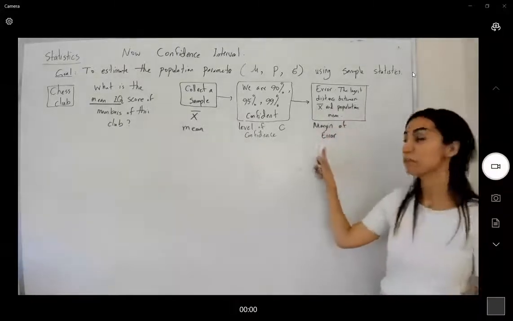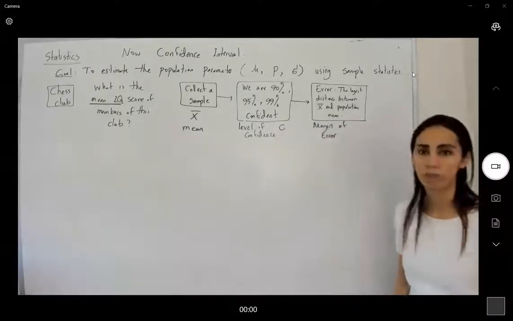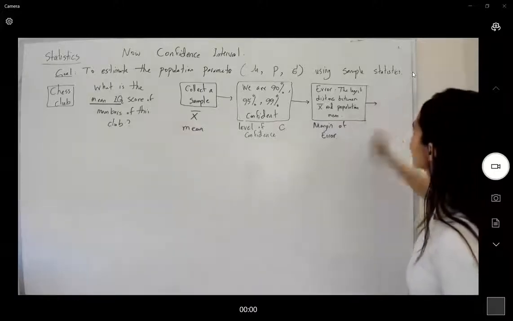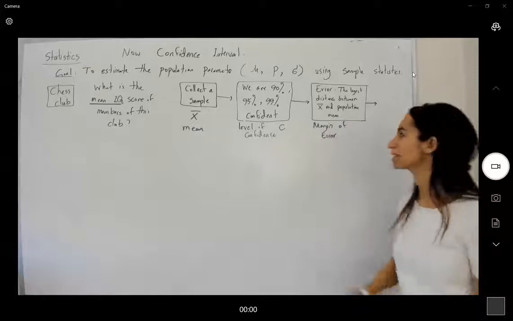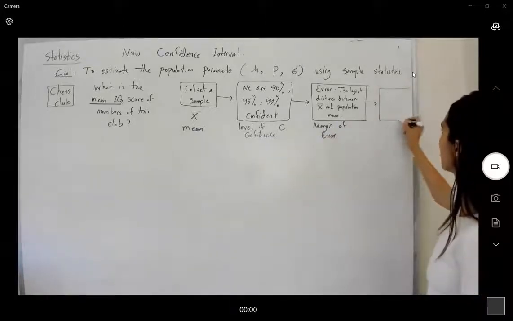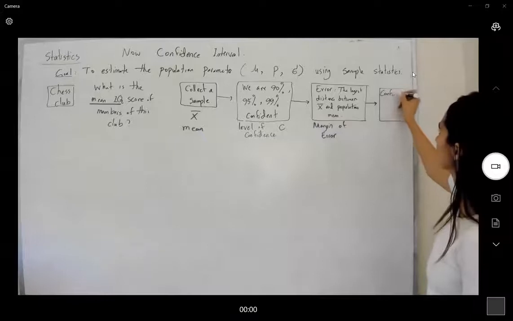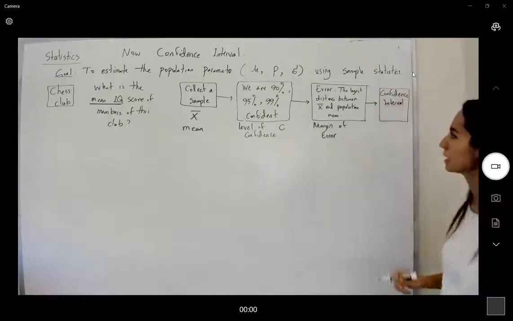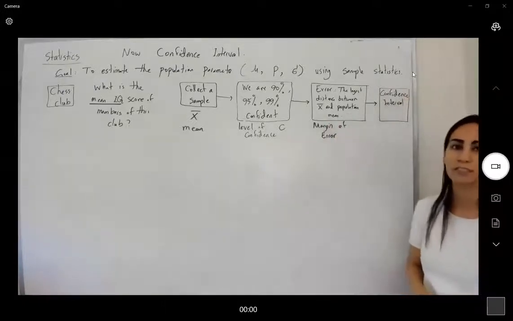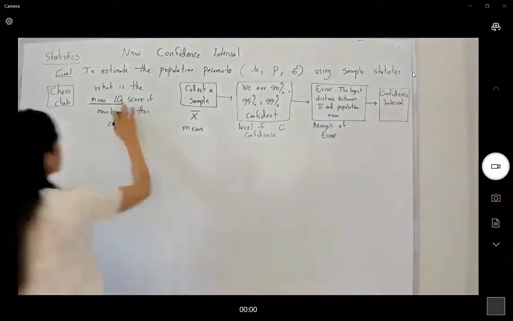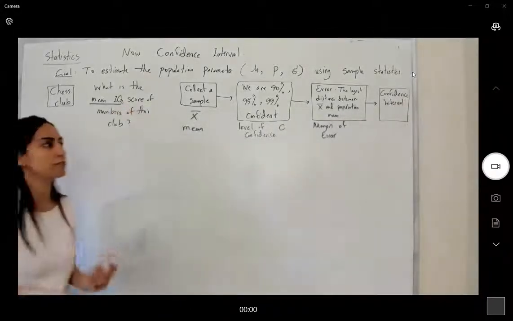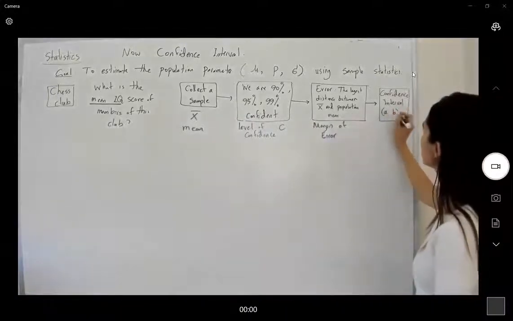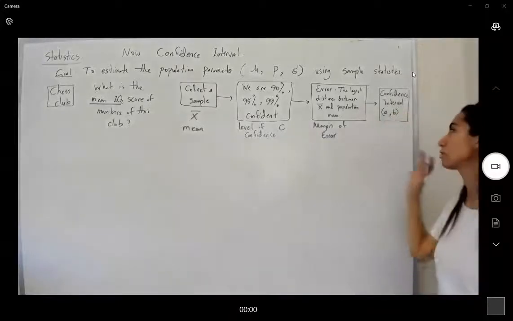To find margin of error, we need our level of confidence. And finally, after finding a range of numbers, we can construct our confidence interval. Then we can say, for example, we are 90% confident that the mean IQ score of members of this club is between two numbers, A, comma B. When working with an interval, you have a lower bound and an upper bound.